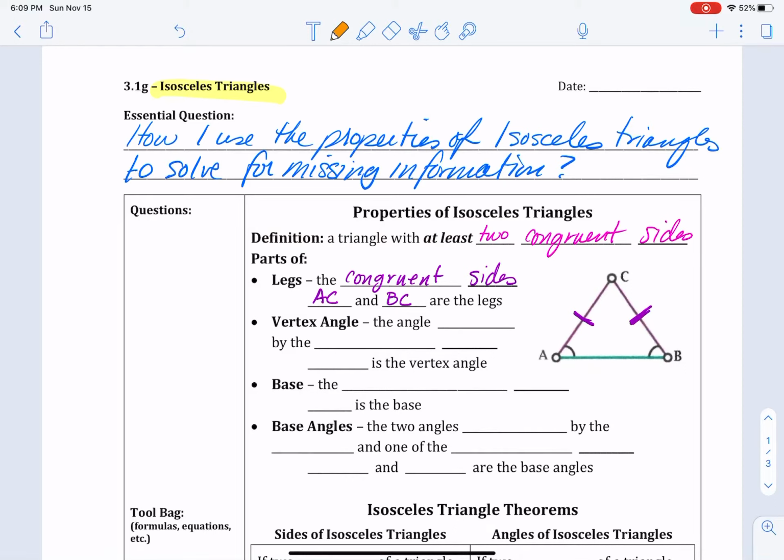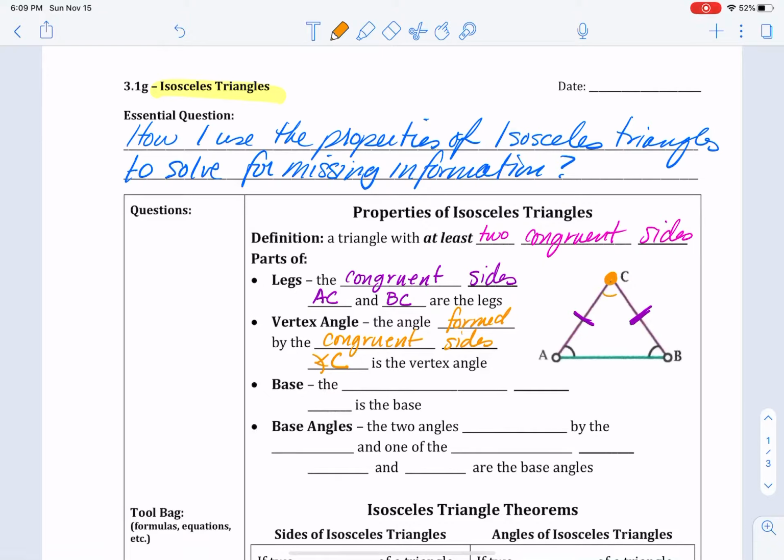The vertex angle is the angle formed by the congruent sides. In the picture we have as an example, angle C is the vertex. So it's this angle up here.